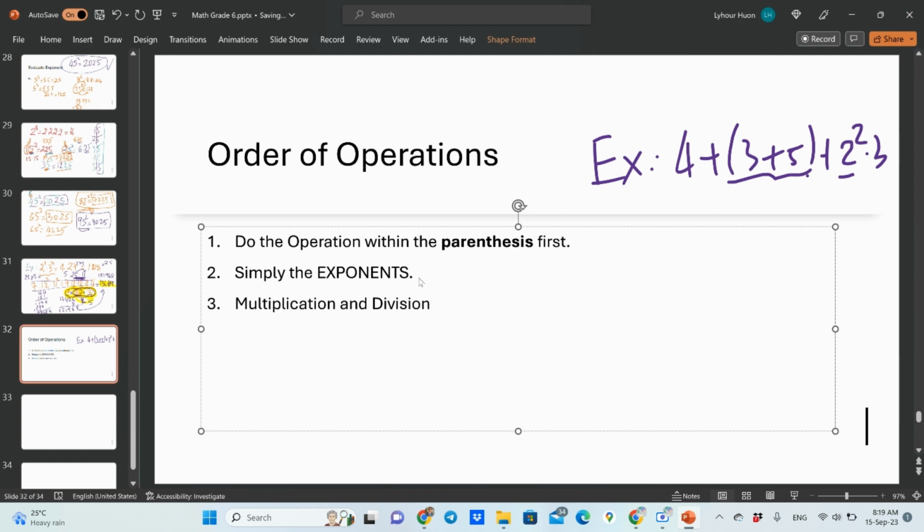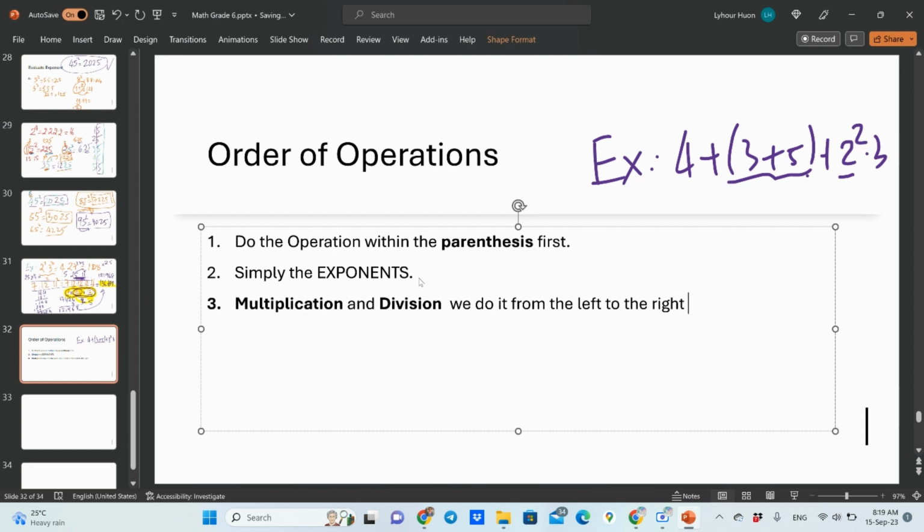By the way, this is what many students would do. What is multiplication and division? Which one do we do first? Multiplication and division, we do it from left to right.